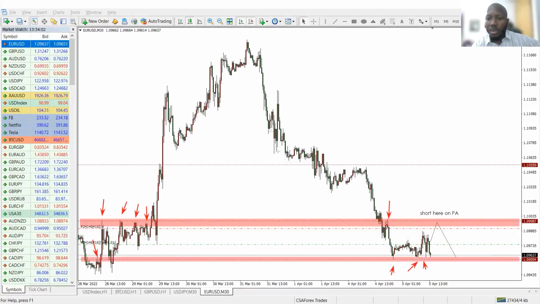We got an entry when price pulled back close to this area of resistance. You can see we took shorts here, and now the price is currently at the area of support. Is it going to break and then use this area as new resistance to drop further, or is it going to bounce from here and push higher? I really don't know.